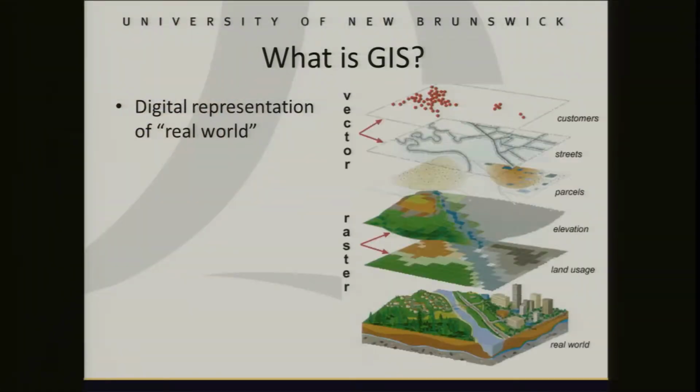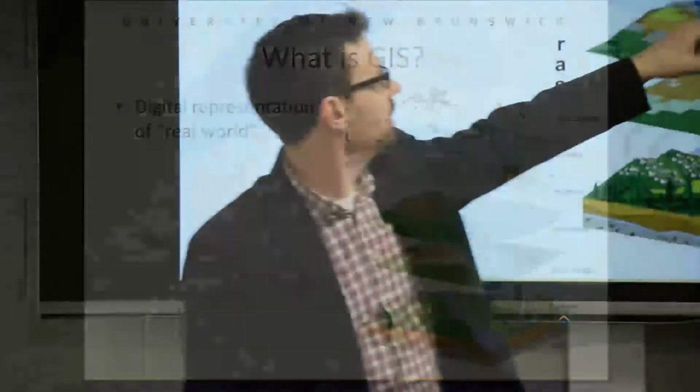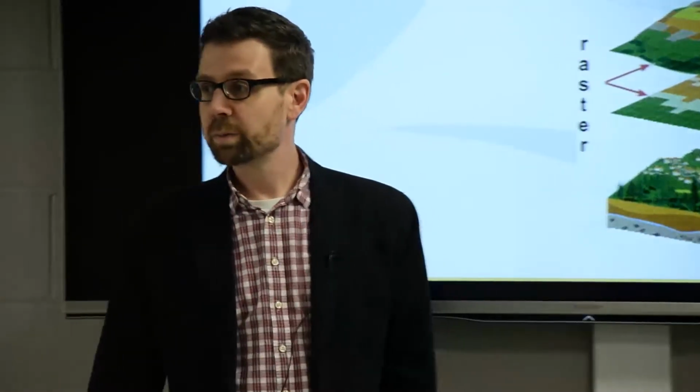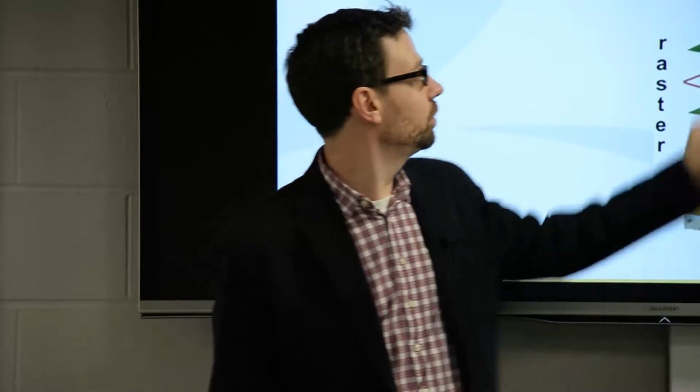So GIS is a digital representation of the real world. We have this real world, in quotes, what we see here, a city which has buildings and rivers and roads and pathways and bridges and people, and the land is used by certain types of land use. There's elevation, there's hills on there, there's land parcels with property information associated with that.